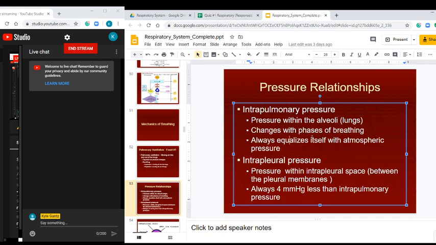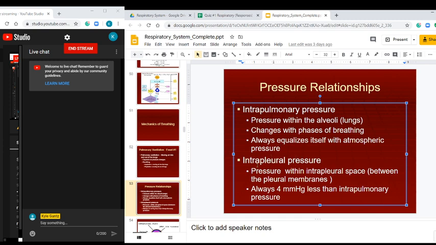They always equalize with atmospheric pressure. So the pressure of air on the outside of us, the pressure inside the lung is going to equalize itself with that. Now, intrapleural pressure.